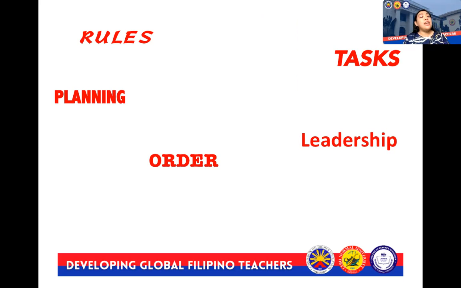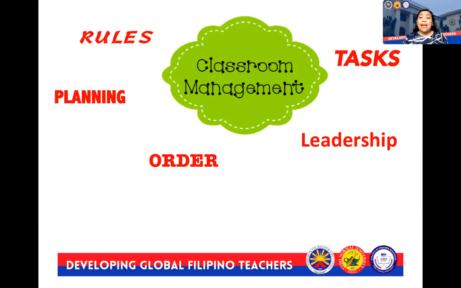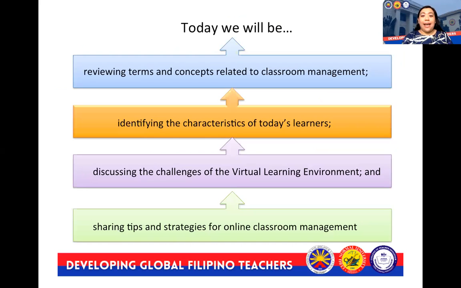When you manage, there should be order. And there's a lot of planning. So just like classroom management, you as the leader in the classroom, as the teacher in the classroom, you need to have the command. You need to put order. You need to make sure the tasks are done. That is why we have to set procedures and rules or guidelines.